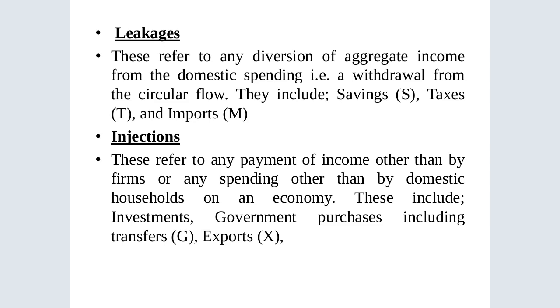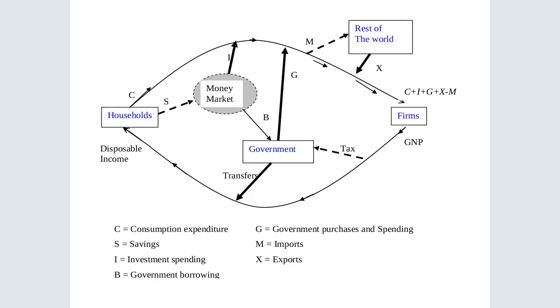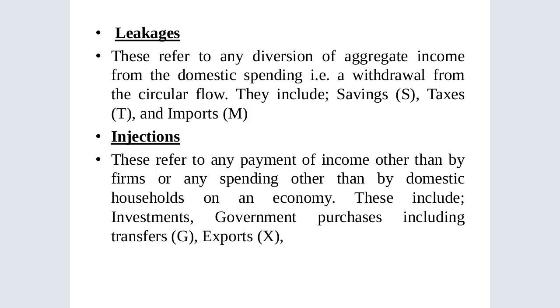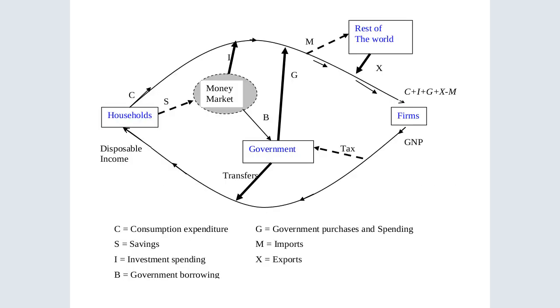Now, if you look at the diagram critically, we have leakages and injections to the circular flow of income. Leakages simply implies that there is money that escapes from the circular flow of income.